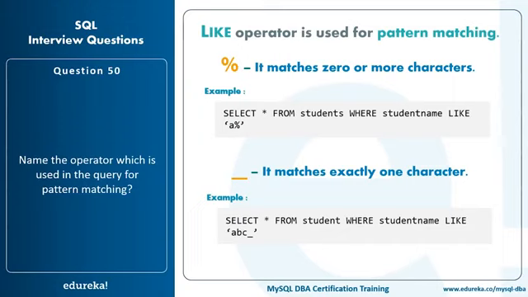The underscore sign matches exactly one character. When you use the underscore sign in a query like select star from student where student name like 'ABC_', all those records whose student name matches the pattern ABC, with any one character after that, will be taken into account. So guys, that's how you can use the like operator for pattern matching, with either the percentage sign or the underscore sign.